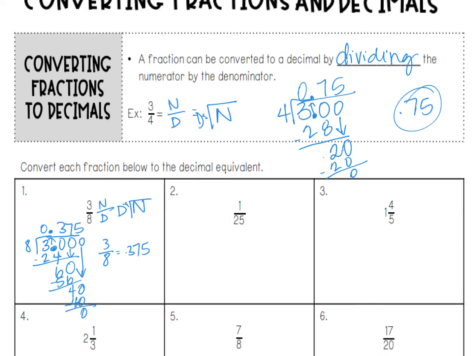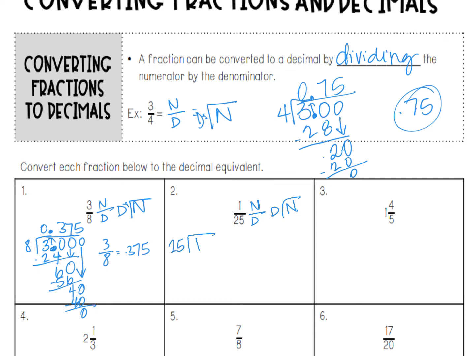And now I have 1 over 25. I know that 1 is my numerator and 25 is my denominator. And just a reminder that the numerator goes inside of the house and our denominator goes outside of the house. So 1 divided by 25.